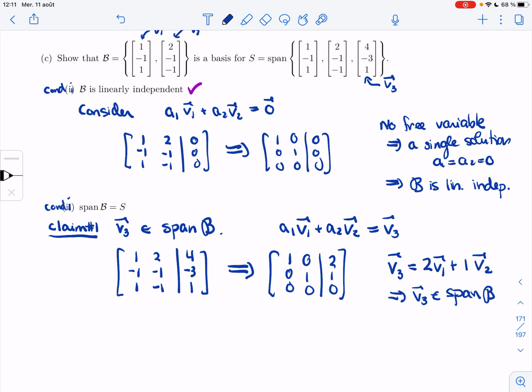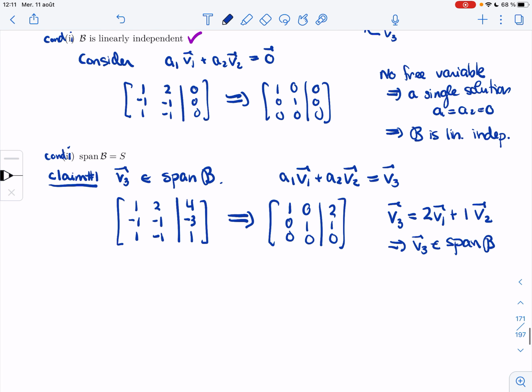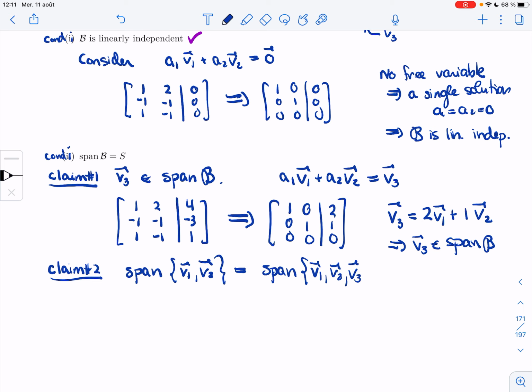All right, so now that's done. I'm going to show that if I take the span of B, which is span of V1, V2, that's the same as A, which was the span of V1, V2, V3.